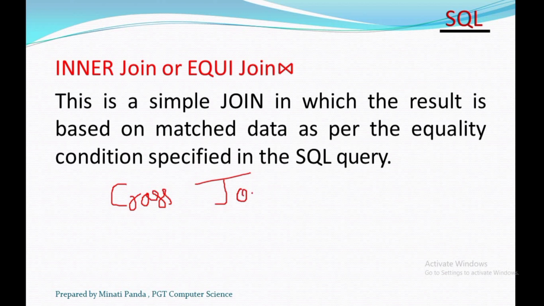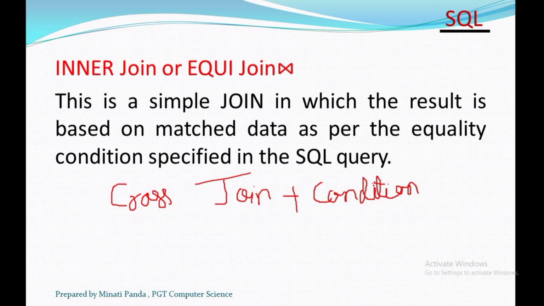We have already discussed cross join or Cartesian join in our previous video. You can watch it. I will provide you the link in the description. Suppose we have 5 rows in first table and 3 rows in second table.